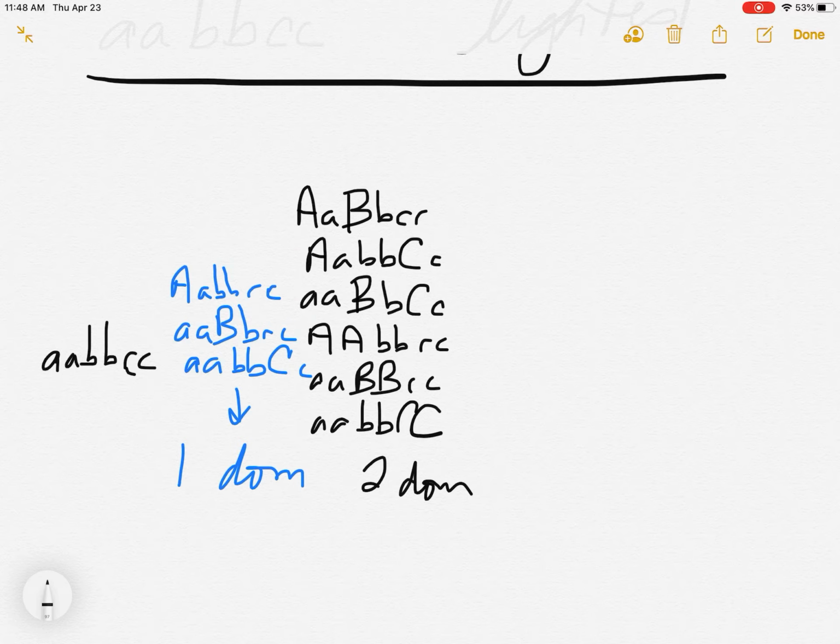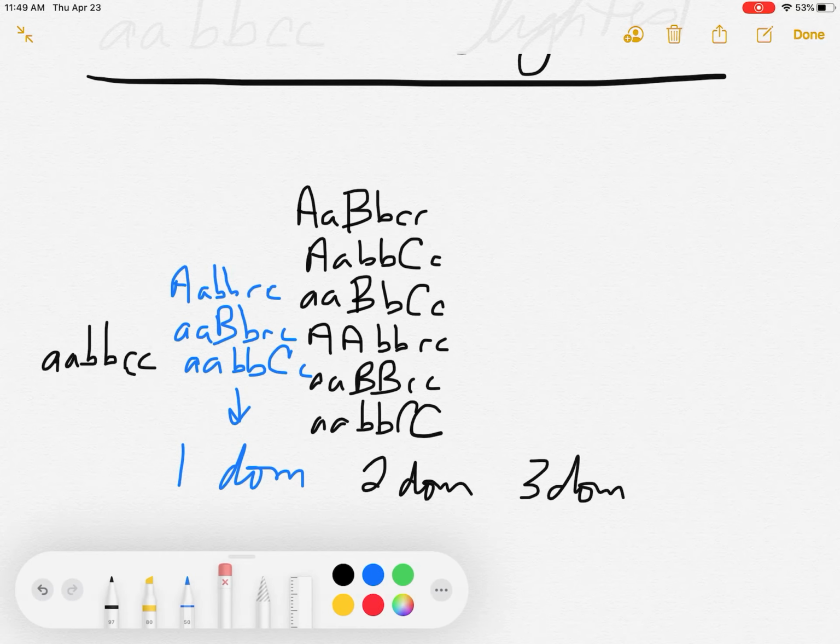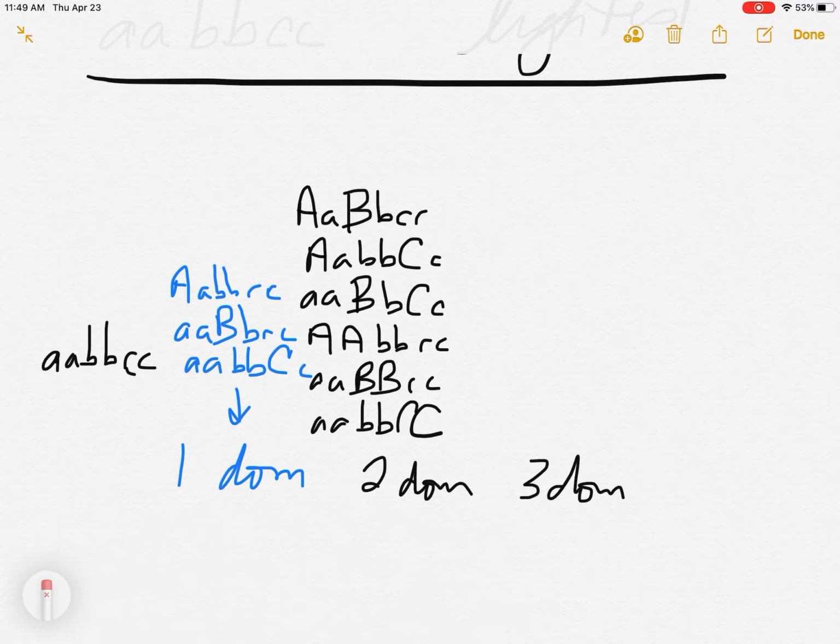If we carry this on, what we'll find is there's 7 ways that you can get 3 capital letters, so 3 dominant genes. And then there'd be about 6 ways of getting 2 dominant again, right? 6 more ways of getting 3 dominant.